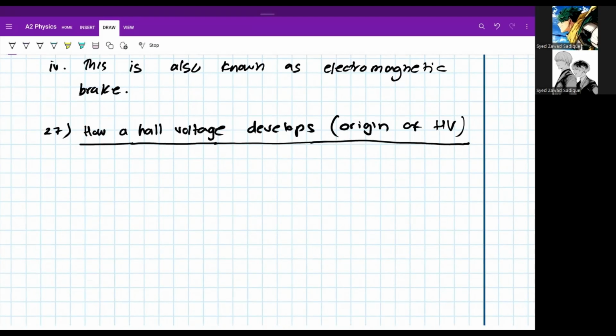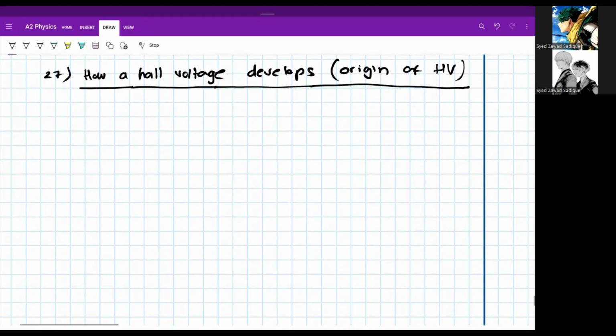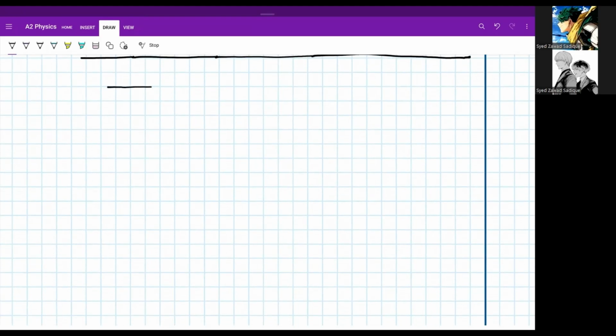Okay, so for this I have to draw a diagram, actually. Hopefully, do we have time? Yeah, we have time. Hopefully I can finish it within this.